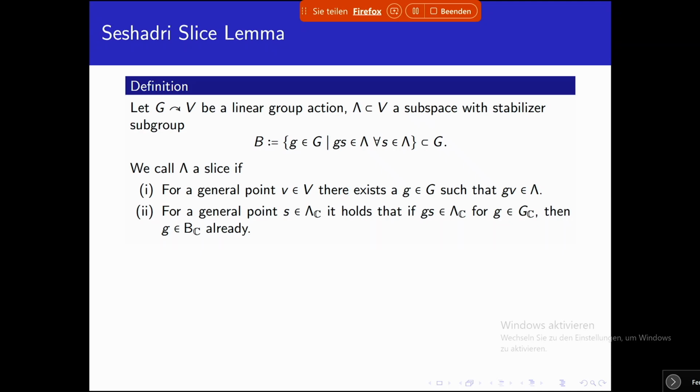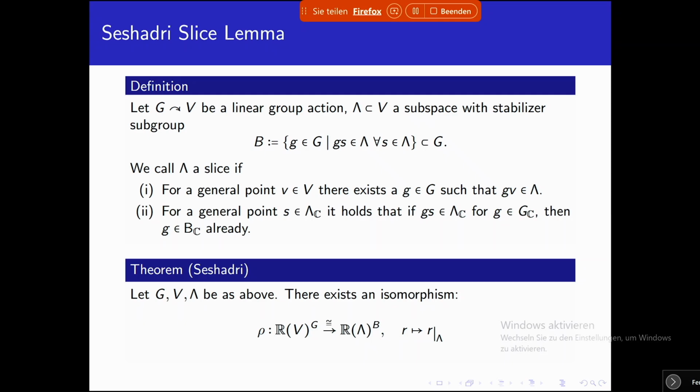We need an algebraically closed field. And then what we want is that for a general point in our slice, if some element in our group fixes this element in the slice, then it already lies in the stabilizer. Okay, these are the two conditions. So meaning we generically don't have too large an intersection between orbit and slice.